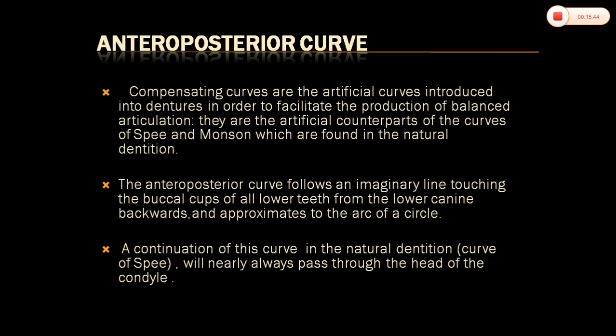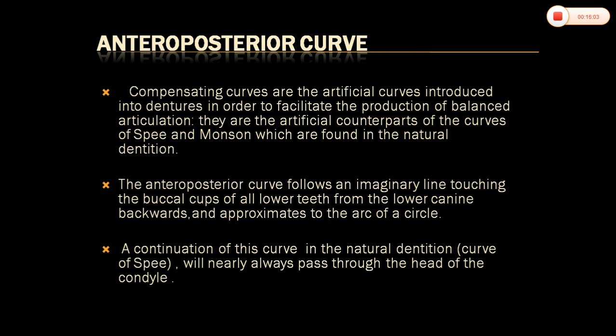Coming to the anterior posterior curve. Compensating curves are artificial curves introduced into dentures in order to facilitate the production of balanced articulation. They are the artificial counterparts of the curves of Spee and Monson, which are found in the natural dentition.